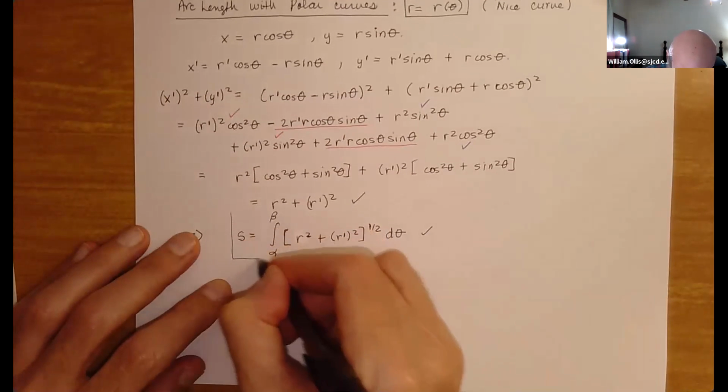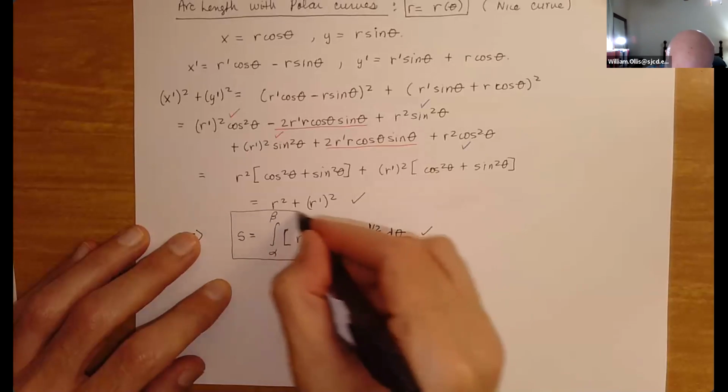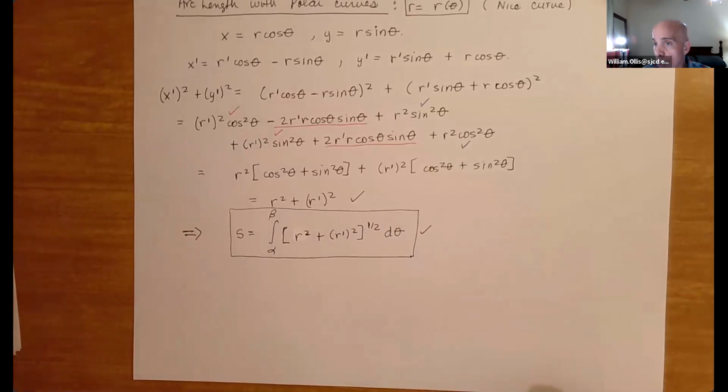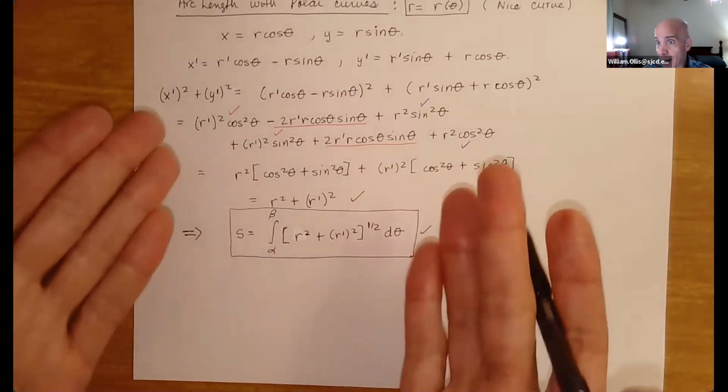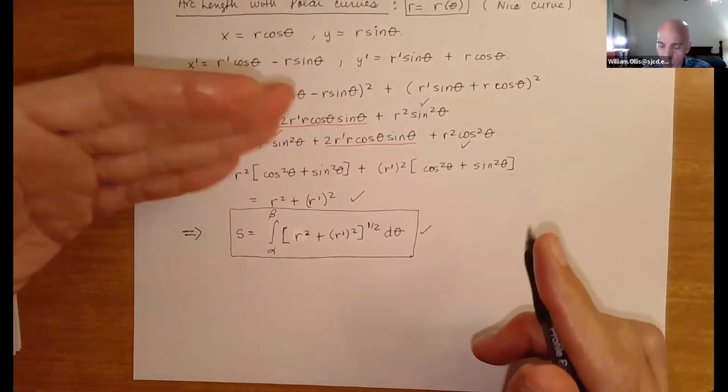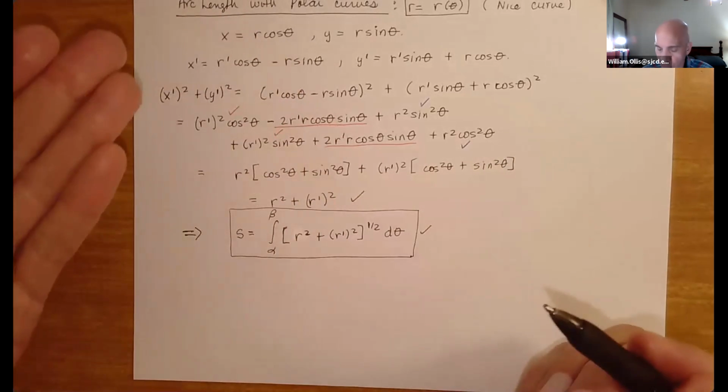So now we have a formula for the arc length that works for parametric representations in general, but since polar coordinates are so important, we now have our standard formula for that. So you don't do this every time, clearly. You could, but this will stick.